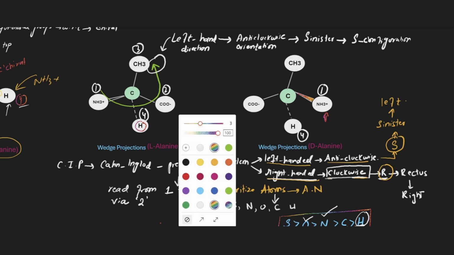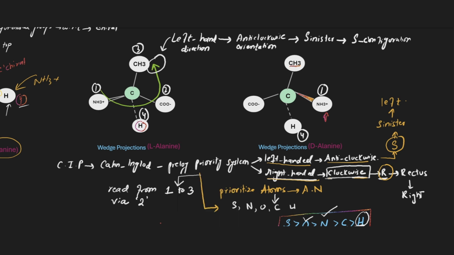Now we are left with these two functional groups, and again we have the carbon. So we will be looking at the second atom, that is hydrogen in this case, and this is the oxygen in this case. So definitely the priority will be given to oxygen, so it will be allotted the number 2, and the other will be given the number 3.